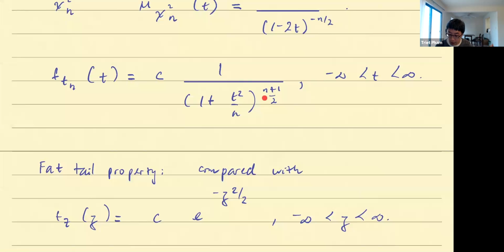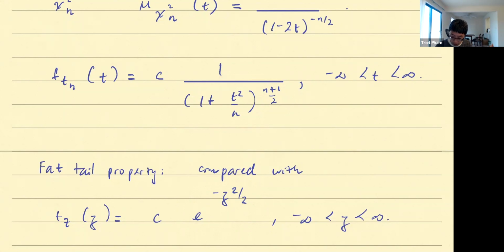And actually, you see that the decaying speed gets better as n goes to infinity. The larger the n, the faster the decay. But at any fixed n, it cannot be compared to a normal decay. So that's why the t always has a fatter tail than the standard normal.